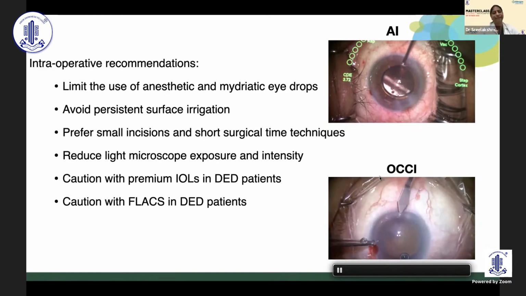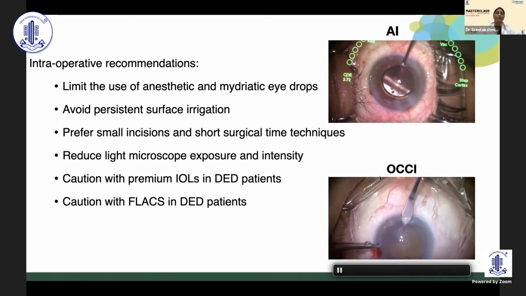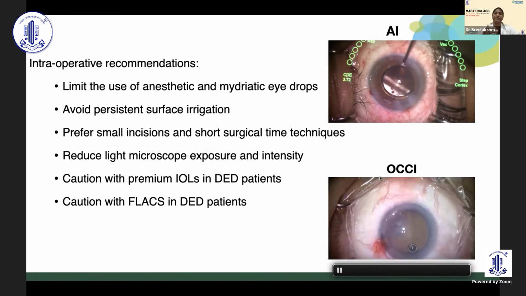Also, when intense topical drops are being used, the epithelium becomes very toxic, and with little manipulation sometimes you create epithelial defects. So all these lead to aggravating the dry eye situation.